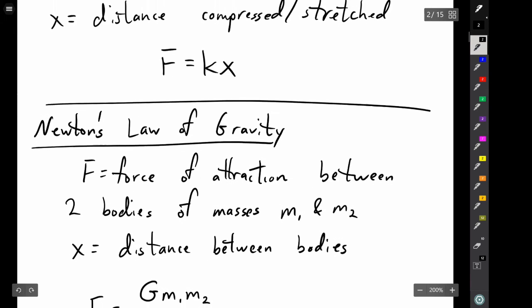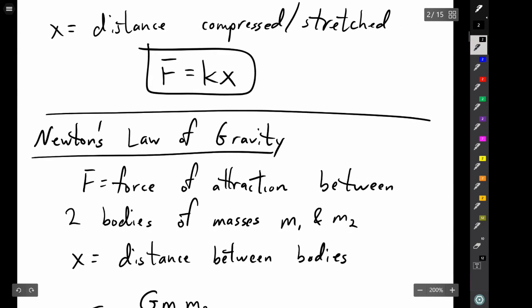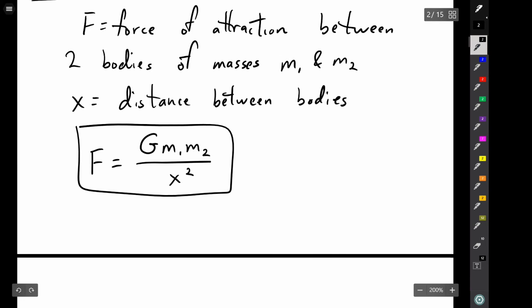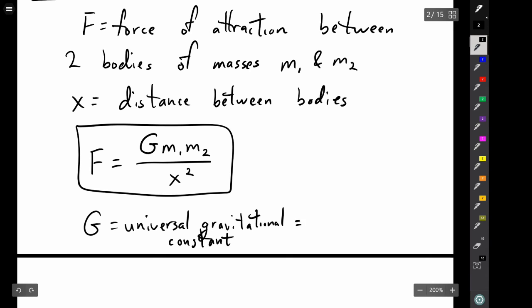Let me box this. I actually forgot to say here that G is the universal gravitational constant. And the units on this, if you are interested, are approximately 6.67 times 10 to the minus 11.